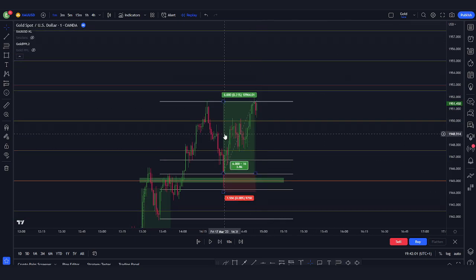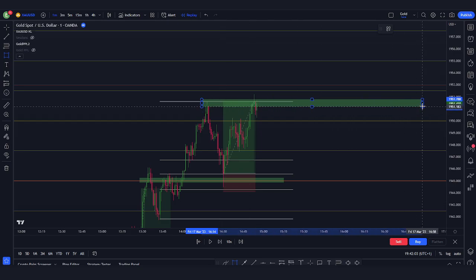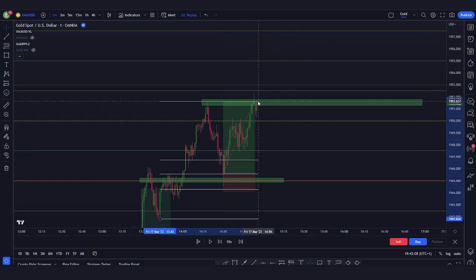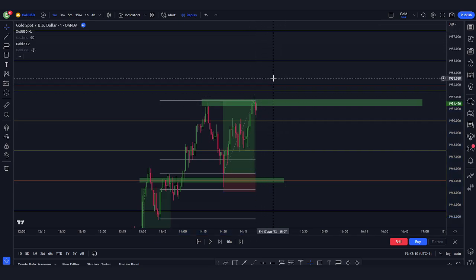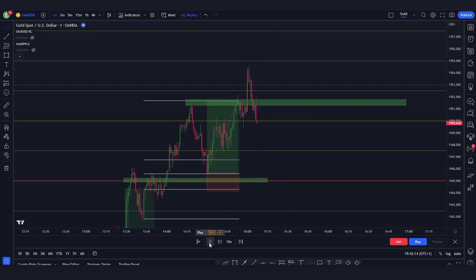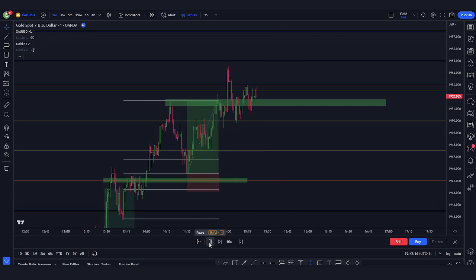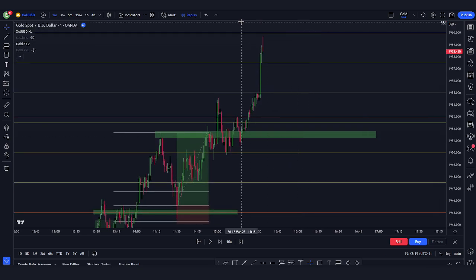Now what you're looking for is, of course, a break above. I'm not really looking for pullbacks, but let's see. When price makes a new higher high, then we can look for a pullback. Okay, now it's making a higher high. Let's see if we get a deeper pullback or it's just a continuation up.